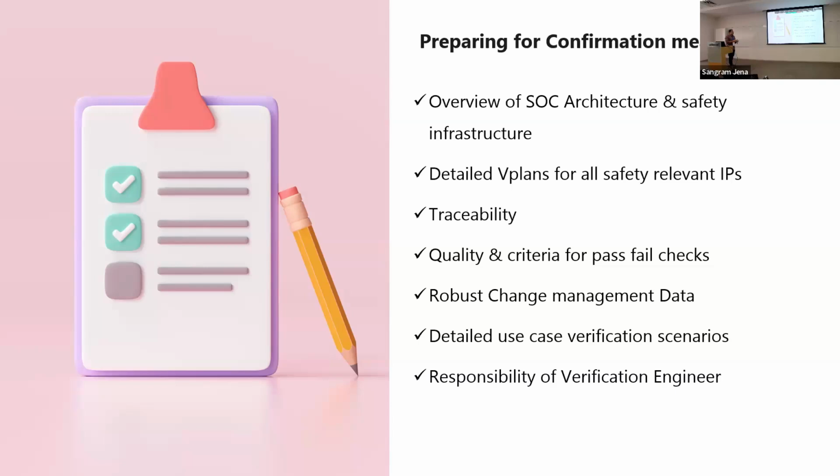Speaking from a personal point of view, we need to put in adequate effort to prepare ourselves for these confirmation measures as well, because we spend a lot of time in verification, and if we have to make sure that the effort we are putting in actually counts, then we have to, because it's like an examination for all of us, where he'll give you a detailed finding report and you have to address those findings. Otherwise, they will not give you the ASIL rating, which you need to sell your product.